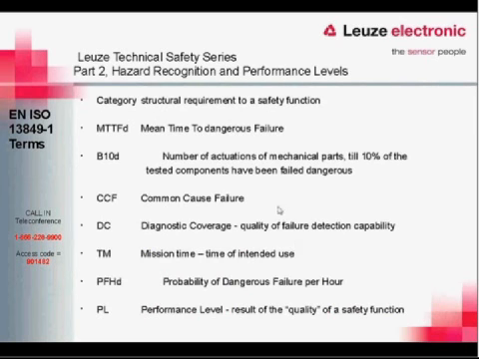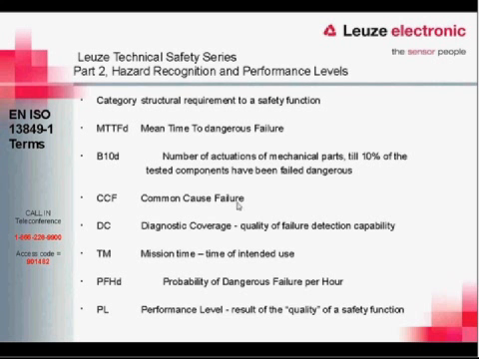So these are some of the terms we're going to be talking about. MTTF, mean time to dangerous failure: basically, how many times this piece of equipment can cycle before we can expect to see a failure. B10D: the number of actuations of mechanical parts until 10% of the test components have failed dangerously.